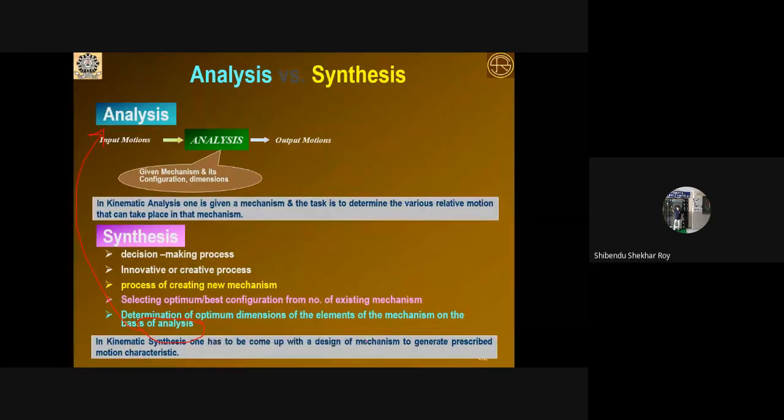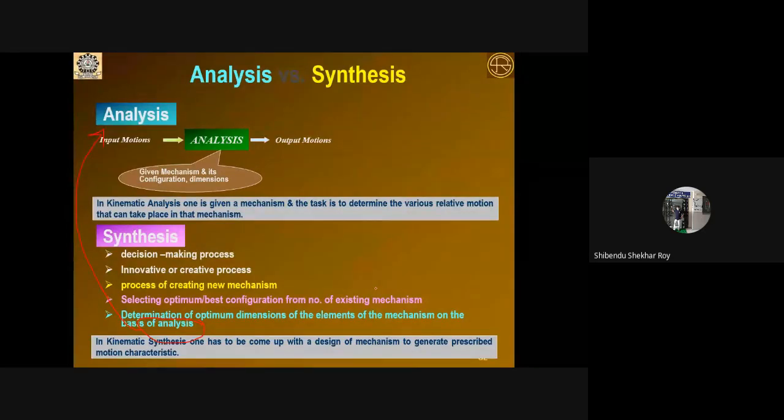So in kinematic synthesis, one has to come up with a new design of a mechanism to generate the prescribed motion characteristics. The motion characteristics I mentioned in the DVD tray, so that is the given motion characteristic: you know how fast the tray is coming out, that you can easily design, or you already know, or you can measure.